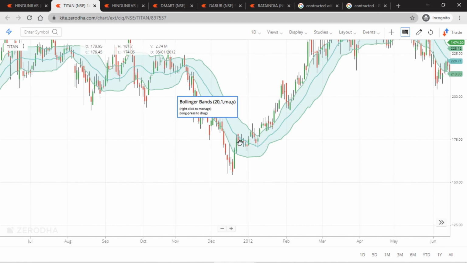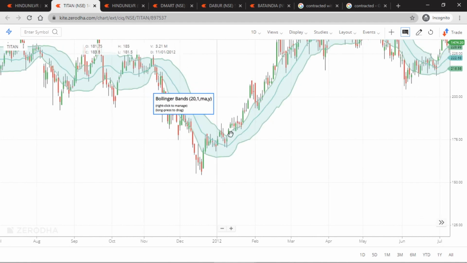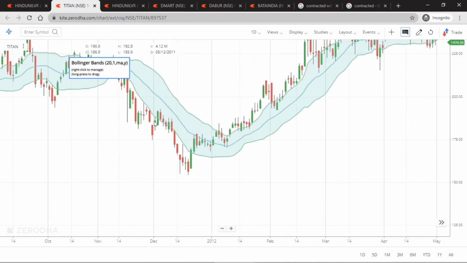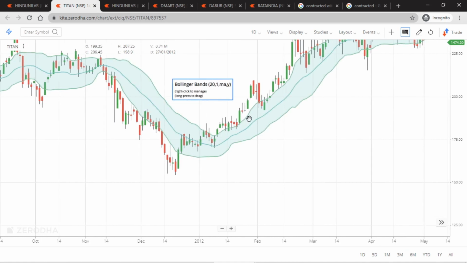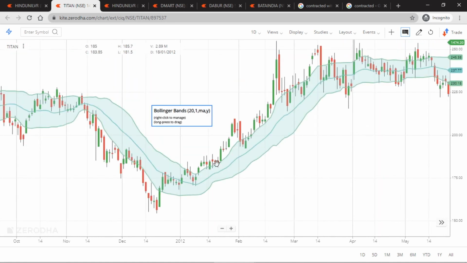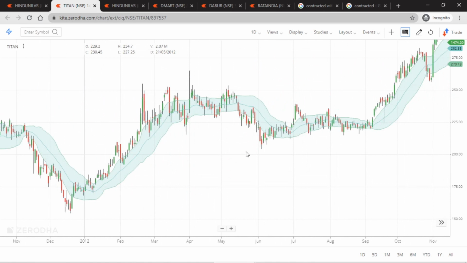So it was a clear reversal signal from here. It was a downtrend, the bands were expanding, and here the bands contracted, and again from here the bands started expanding. So that was a downtrend, and here the bands were contracted, and here it was an uptrend. So this is a reversal signal.